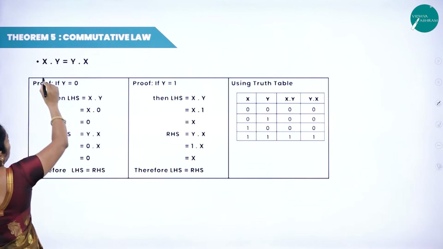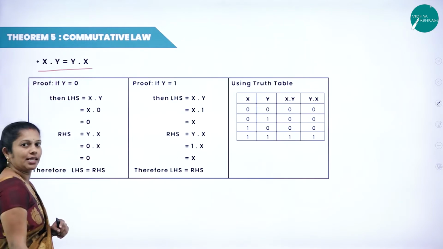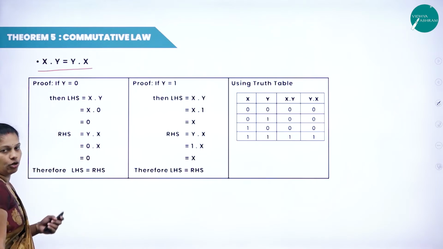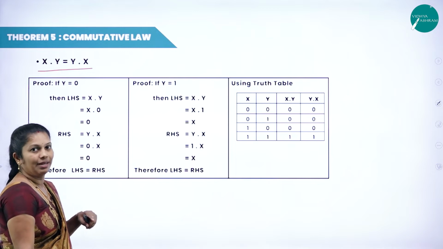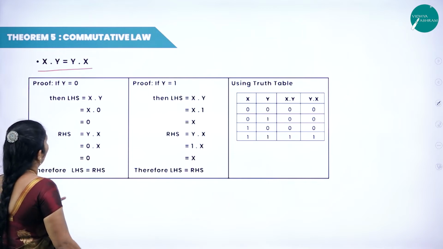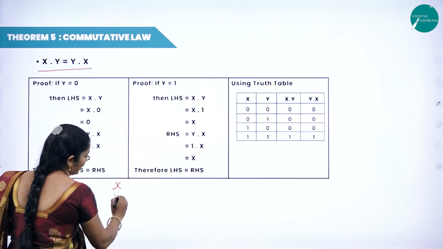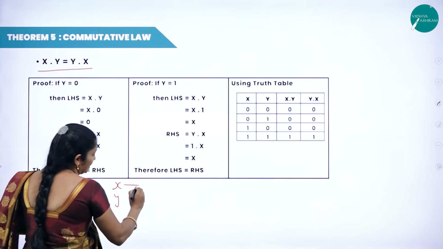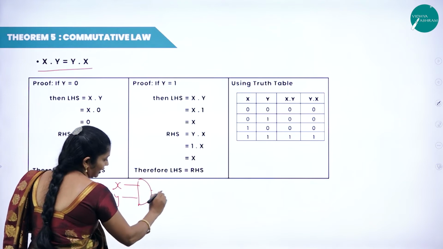Then the second one we will move to, that is x into y is the same as y into x. This is the second commutative law. Then how to write the symbol as well as the truth table for this one? While writing the symbol, first here I am going to take x and then y. In between, a dot operator, that's why here I am going to take a D shape, then connect.